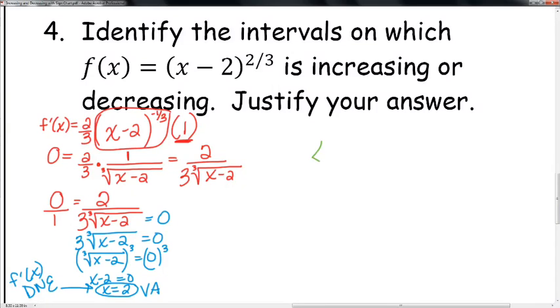So we're going to go ahead and create our number line. And we're going to include 2. And above it, I'm going to write DNE, because that just reminds me that's not an x-intercept. It's where I'm probably going to have a vertical asymptote. It's where my derivative's not going to exist.